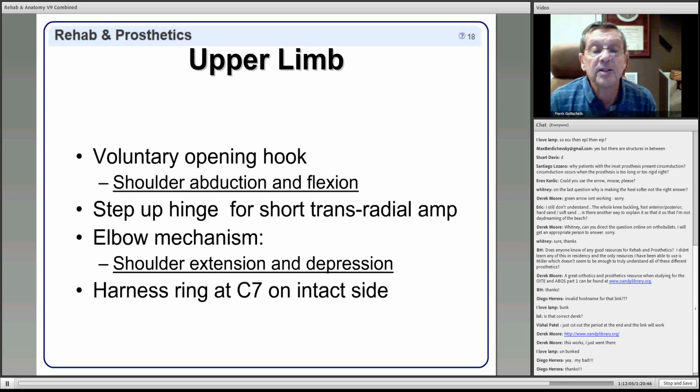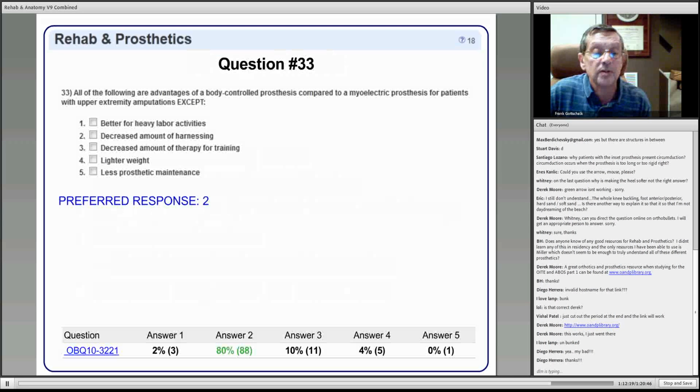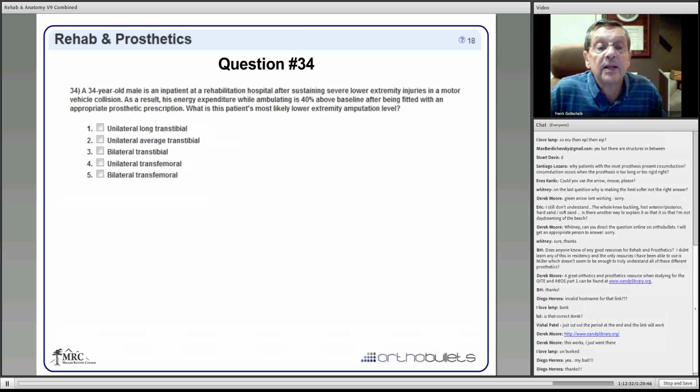We use a step-up hinge for short transradial amputations, and for elbow mechanisms, shoulder extension and depression. Now, the harness ring is at C7 on the intact or non-amputated side. So the correct response to this question was a decreased amount of harnessing with the myoelectric prosthesis, which the majority of you were able to get correct.